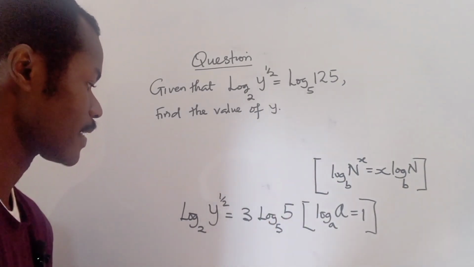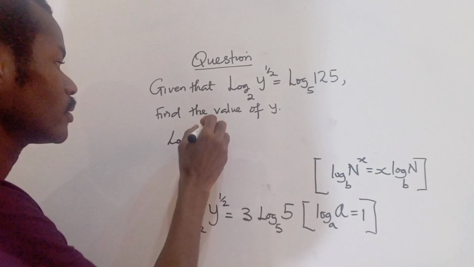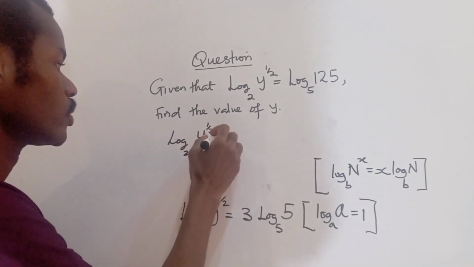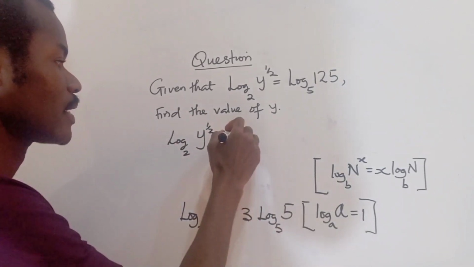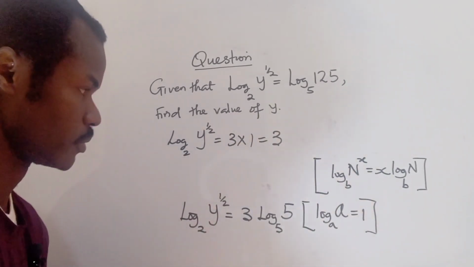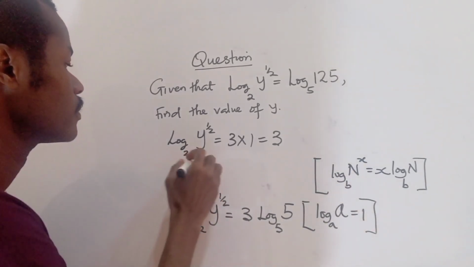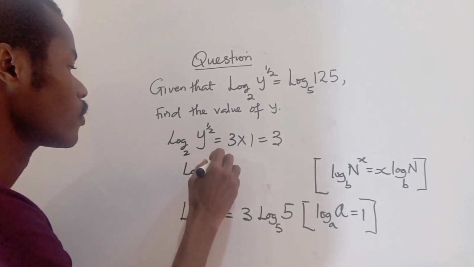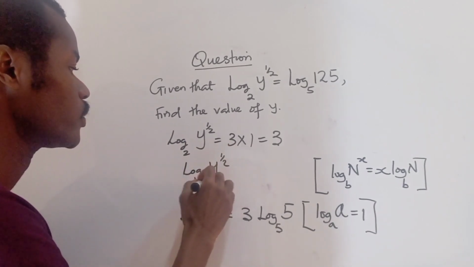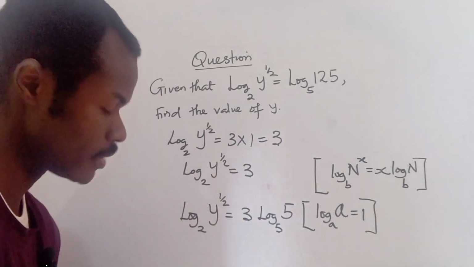On the left hand side, we still have log y to the power of half base 2, is equal to 3 times 1, which is 3. So this becomes log y to the power of half base 2 is equal to 3.